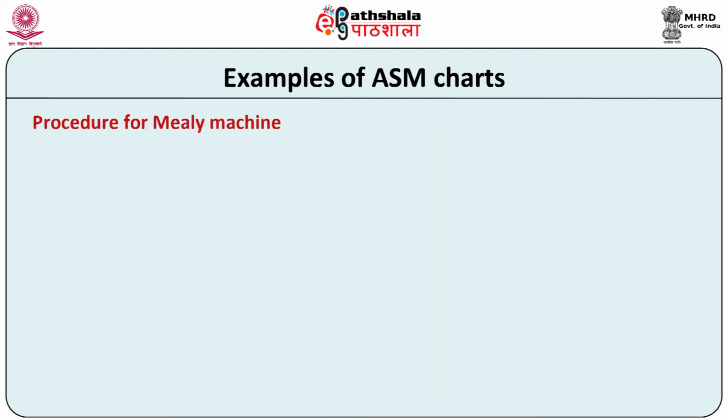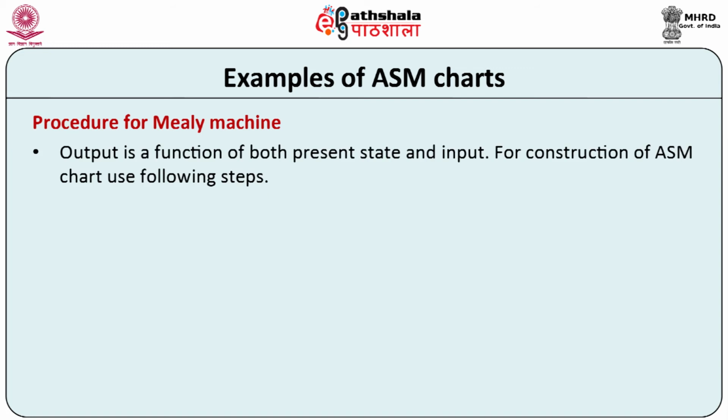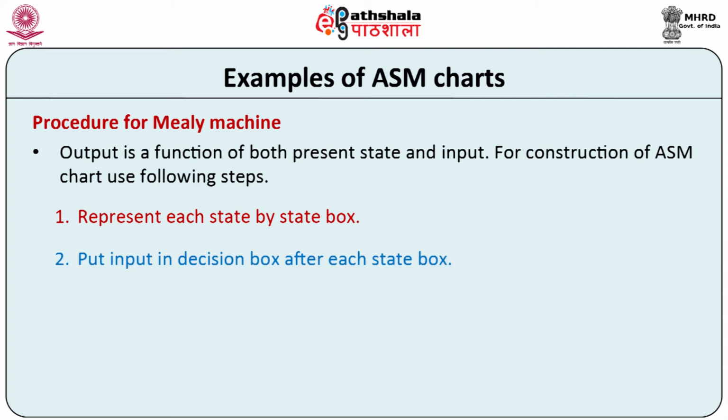The procedure for Mealy machine. For a Mealy machine, the output is a function of both present state and input. For construction of ASM chart from Mealy state diagram, we should use the following steps. First, represent each state by a state box. Second, put input in decision box after each state box.